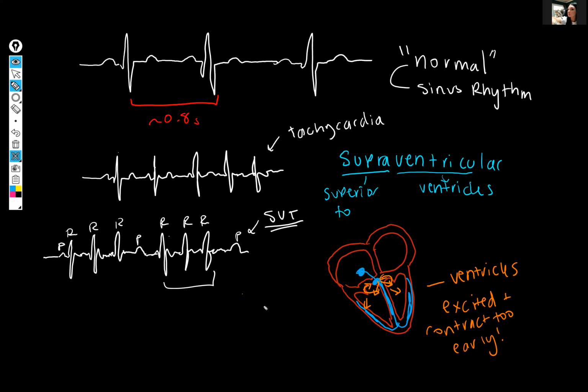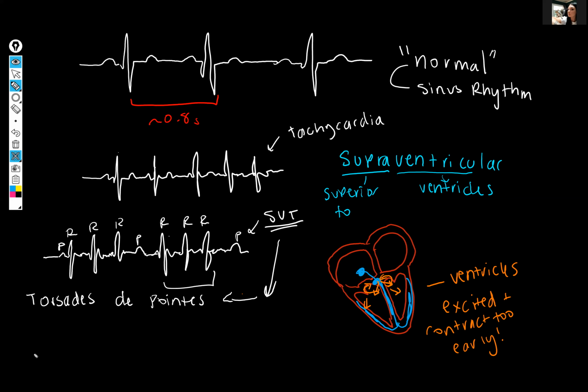So sometimes what you'll see before that is a phenomenon called torsades de pointes, which means twisting of the points. And this is right on the cusp. So you go from SVT to torsades de pointes, and then from torsades often to ventricular fibrillation.